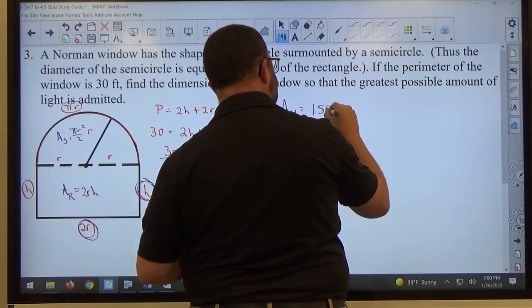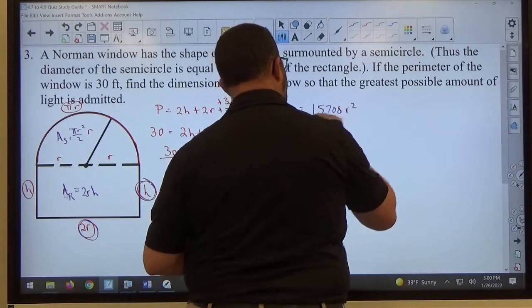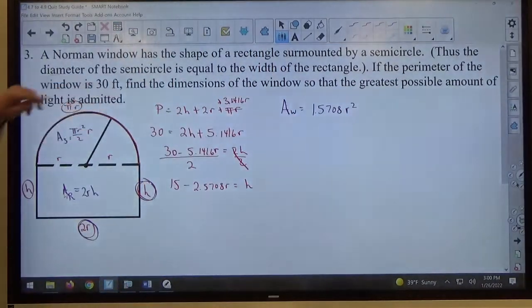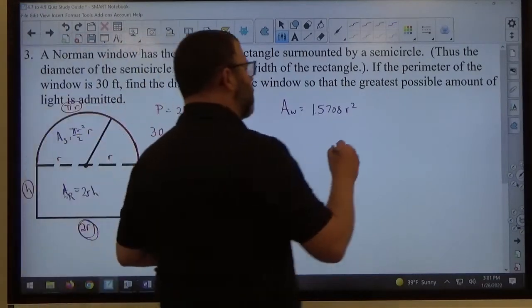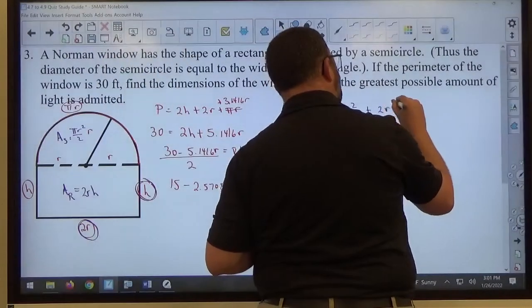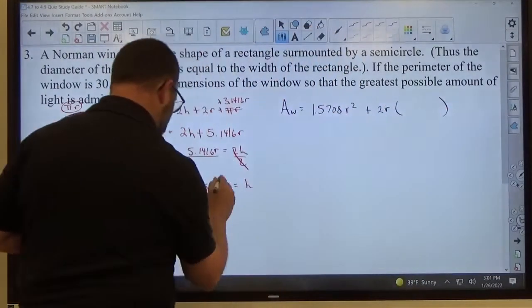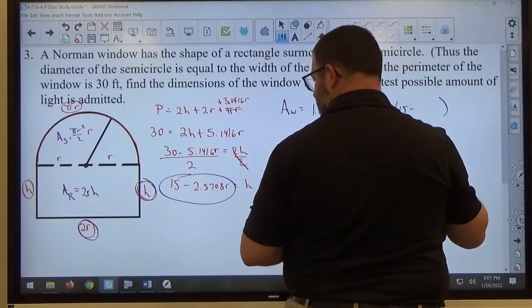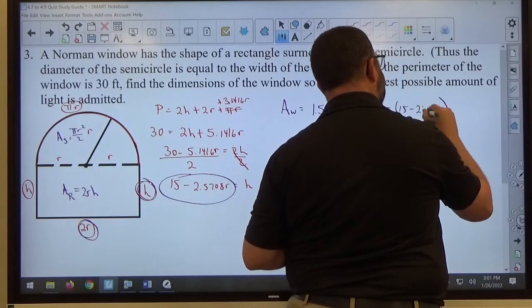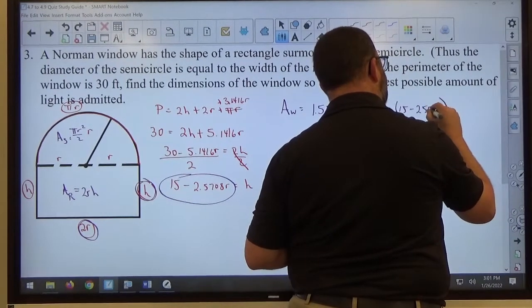So the area of the window is going to be pi divided by 2 is 1.5708 r squared. Pi over 2 is 1.5708 r squared. And then 2rh is going to be plus 2r, but instead of times h, I'm going to multiply by this r expression. So 15 minus 2.5708 r.